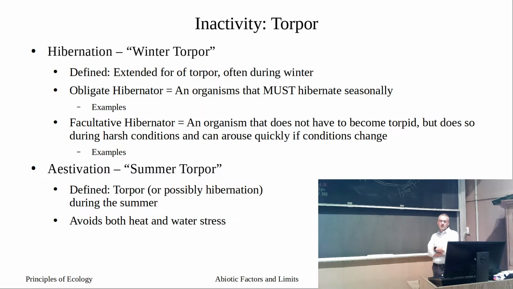I put these in quotation marks, winter torpor and summer torpor, just to help define the time periods when the terms are typically used. Hibernation is an extended form of torpor, often during the winter.